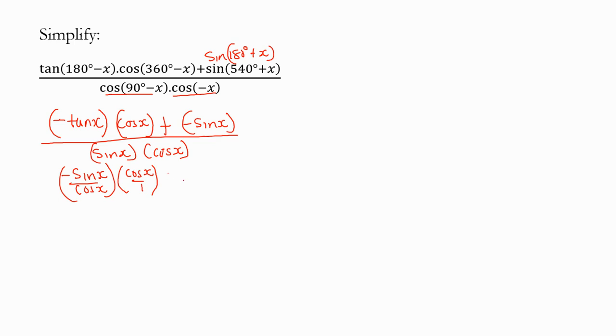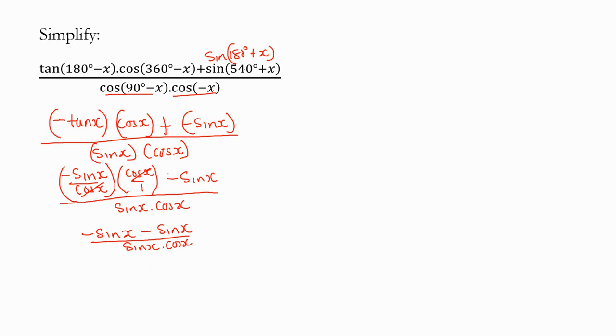Then minus, because positive times negative is negative, so it's going to be negative sine x. So you see the importance of brackets, okay? And then this is sine x cos x. Okay, and then here you can say cos x divided by cos x is what? Is 1. So we're remaining with negative sine x minus sine x divided by sine x times cos x.